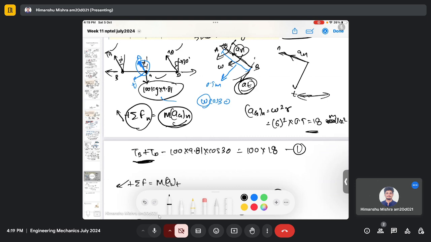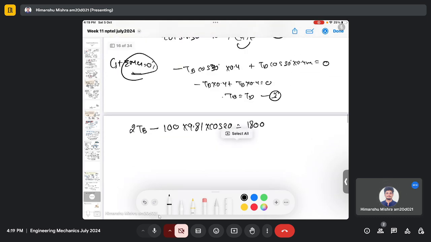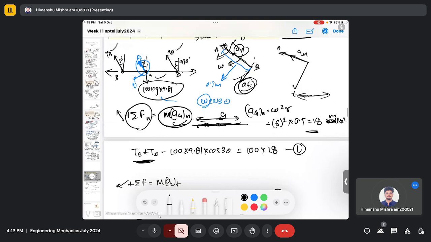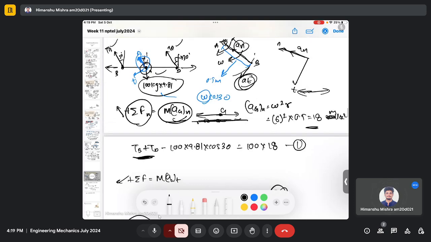So G is oscillating in this line, a to-and-fro kind of motion with no angular motion, and therefore the summation of moment is equal to 0. There is a finite acceleration, but we take the moment about point G, and this bar doesn't have any angular motion.